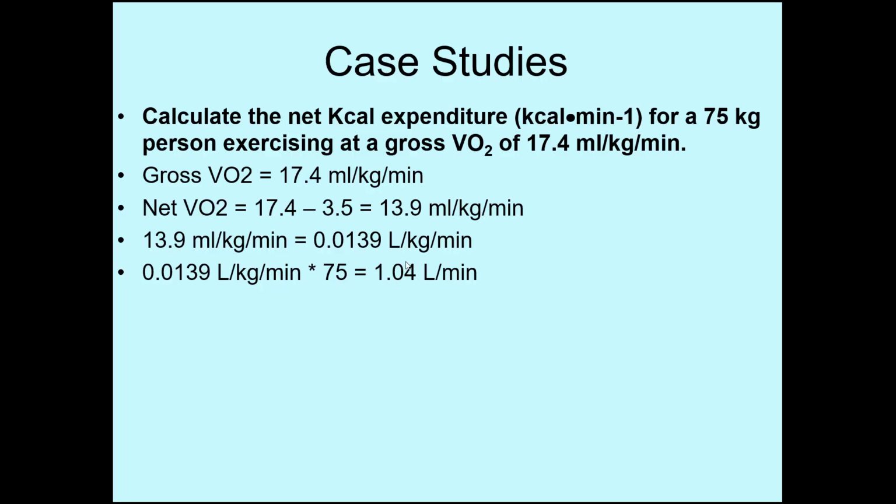We get 1.04. So this is our absolute VO2. And then to get kcals, we just multiply that by 5. That's our caloric equivalent, always going to be. And we get a net energy expenditure of 5.21 kcals per minute.